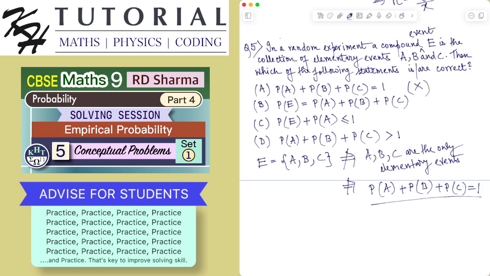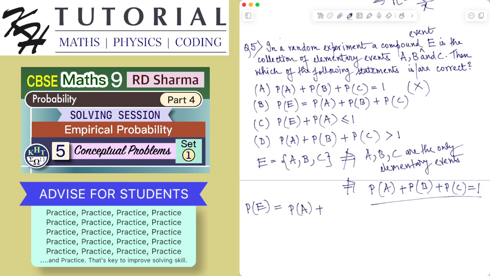What about choice B? Choice B is correct, because when a compound event E is a collection of elementary events A, B and C, the probability of the compound event E should be equal to the sum of the probabilities of the elementary events in the collection. So this will definitely be true.